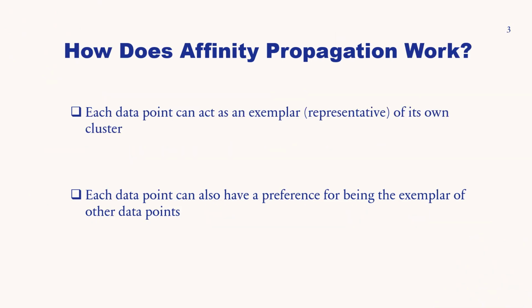So now we're going to take a look at how the method works. Each data point can act as an exemplar, that's a representative of its own cluster. Each data point can also have a preference for being the exemplar of other data points.